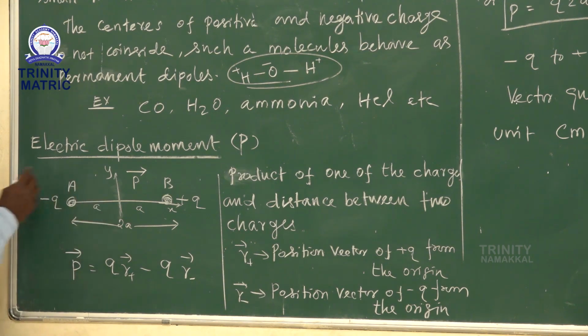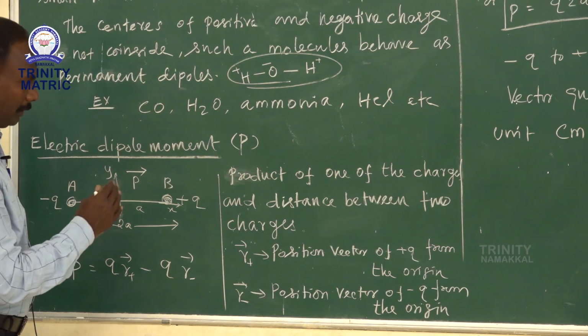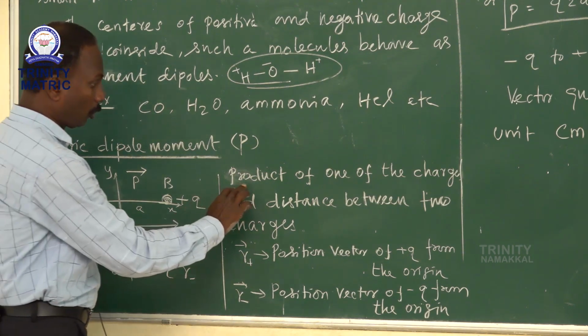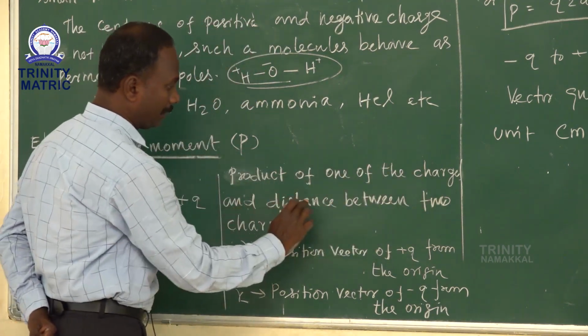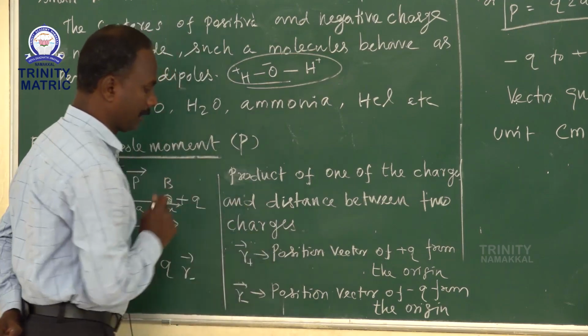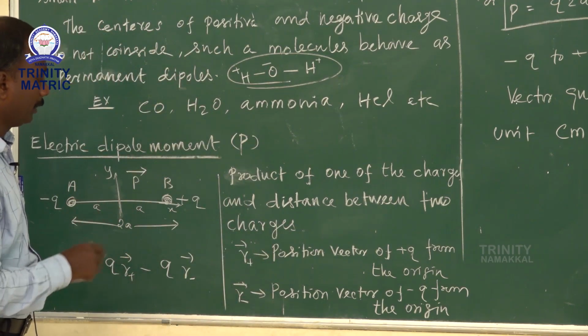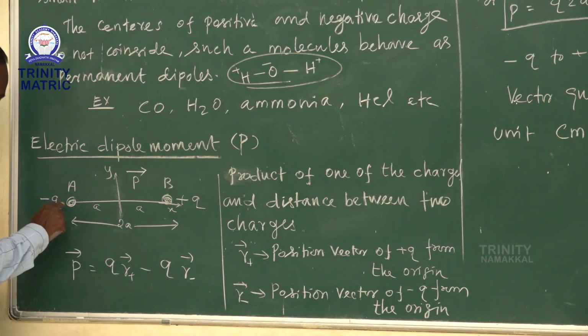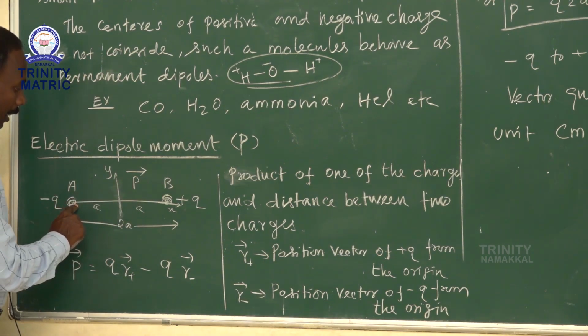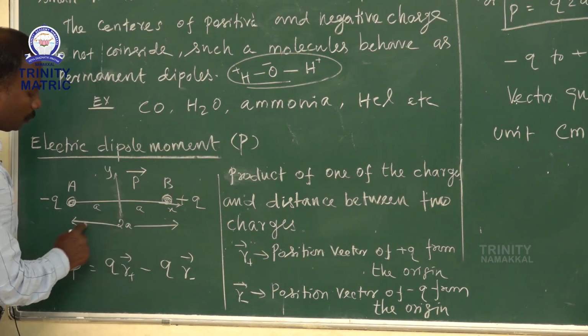Now from this, the electric dipole moment is defined as the product of one of the charges and the distance between these two charges.